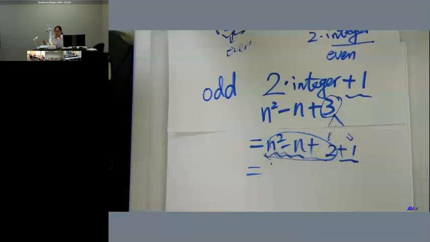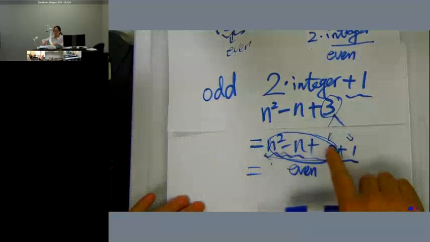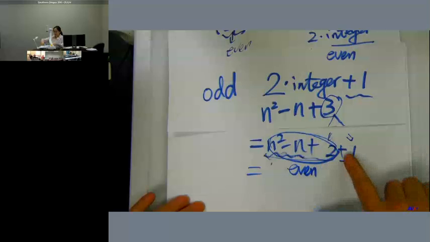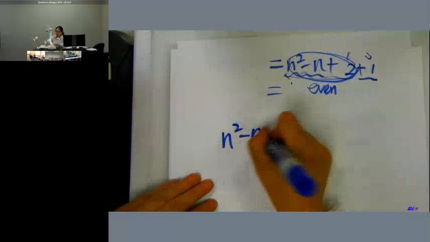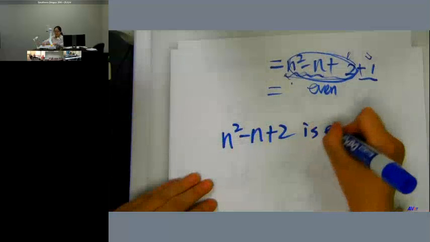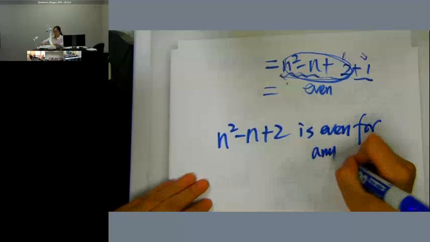So there's no way you can just prove this is an even number. So pretty much it's left for us to show this is even, and plus 1 will be odd, right? So here's the question: how do we show n squared minus n plus 2 is even for any integer n?